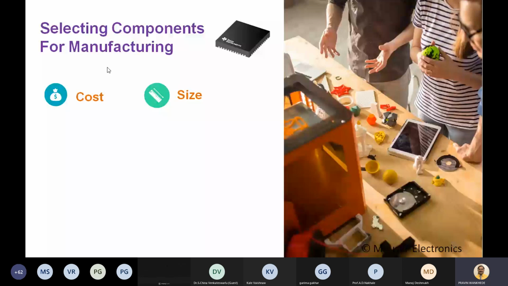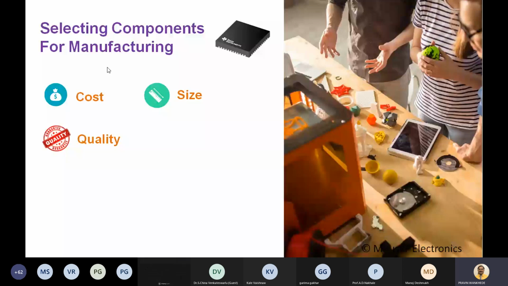Then the other factor is the quality. As we know, quality and cost generally go hand in hand, correct? Because if you want more quality, then the component cost will be high. And if you want lesser quality, there may be a possibility that the cost is less. So generally, most engineers or researchers, with our own experience, bring trusted brands.